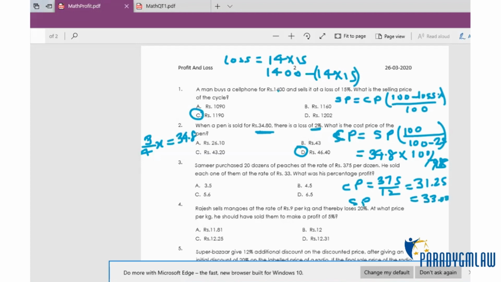What is the profit? 1.75. So profit by CP into 100: 1.75 by CP, which is 31.25, into 100. How much is this? Check. 5.6. The third answer is C.